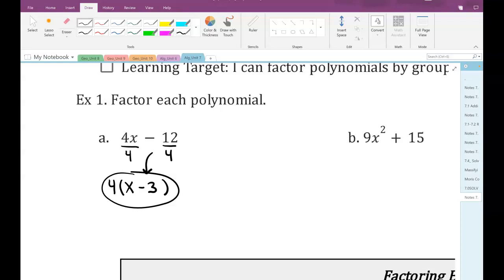So our greatest common factor isn't 9, it's 3, because the factors of 9 are 1, 3, and 9, and the factors of 15 are 1, 3, 5, and 15. So our greatest common factor would be 3. So we divide each term by 3. So we have 3 times 3x squared plus 5, with our division going down.